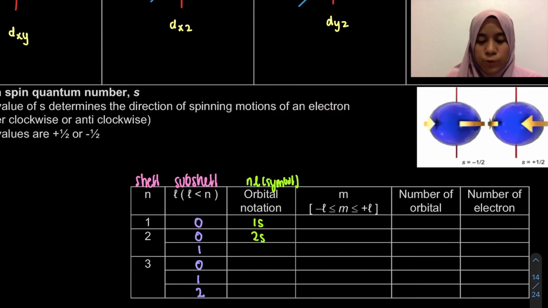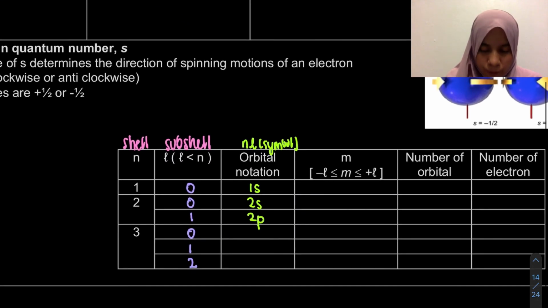When L equals 1, it is a P orbital, or dumbbell shape. So here it becomes 2P. So again, the orbital notation depends on our N first, and the L must depend on the symbol, not on the number. L equals 0 is S, L equals 1 is P, L equals 2 is D.